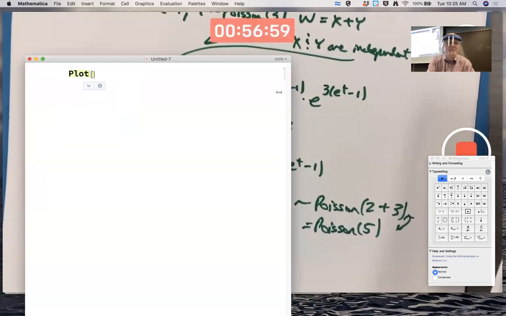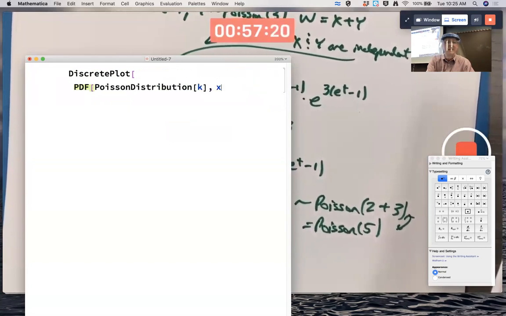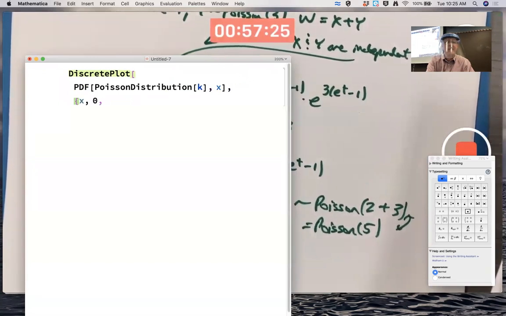Plot. It's got to be a discrete plot because it's discrete. Okay, Mathematica calls it a PDF, but I really mean PMF when I talk about it. Poisson distribution with parameter k. I guess I'll put this in a manipulate to see how it changes. You can do a histogram version of this too, I think, but this is just going to make a bunch of line segments.